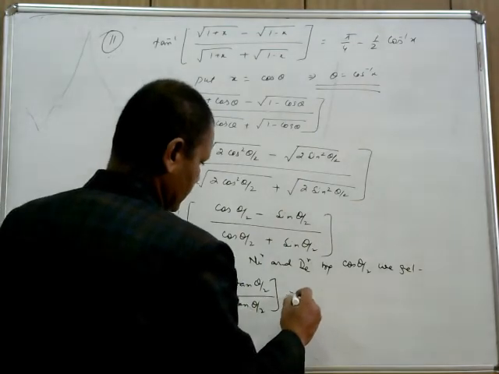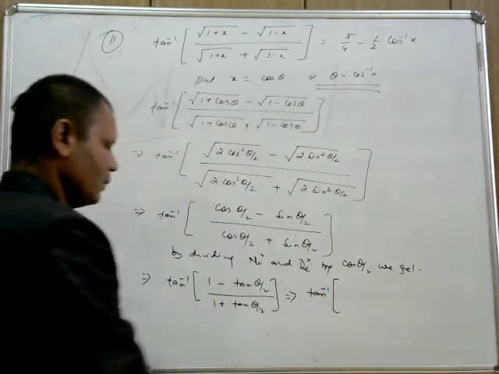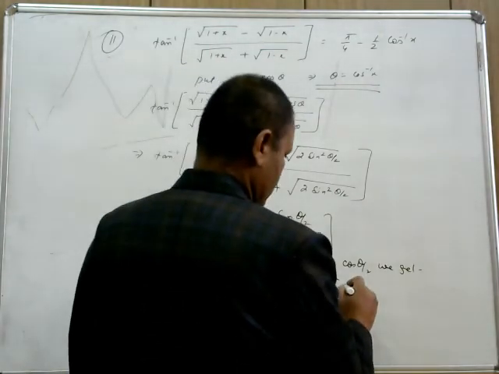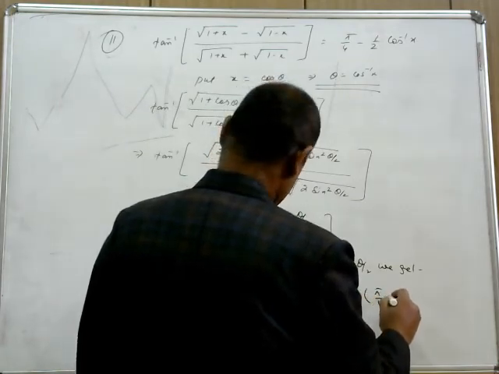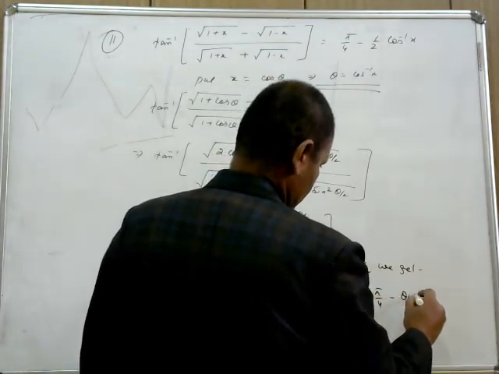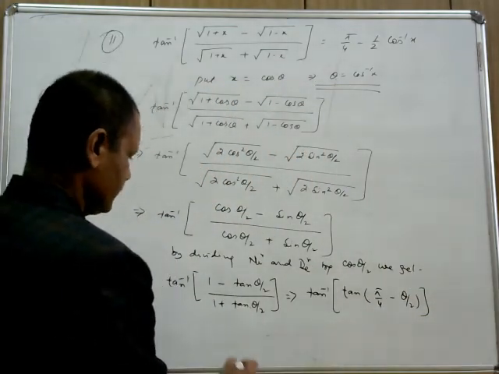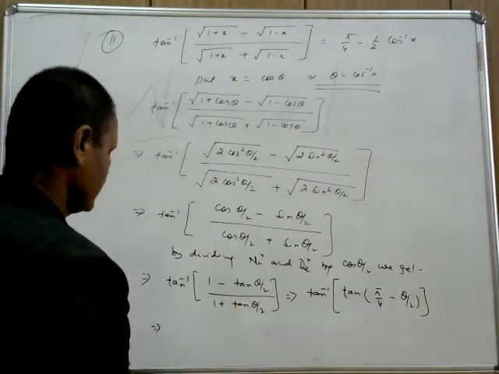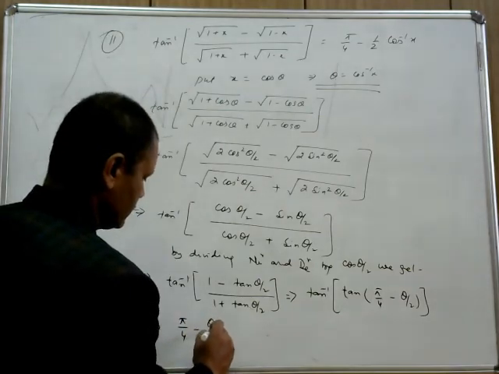Now again tell me, one more formula we have to apply. Tan inverse of 1 minus tan theta by 2 upon 1 plus tan theta by 2. What will I write? Tan of pi by 4 minus theta by 2. Yes or no? And therefore this implies that tan inverse tan of pi by 4 minus theta by 2 is equal to pi by 4 minus theta by 2.